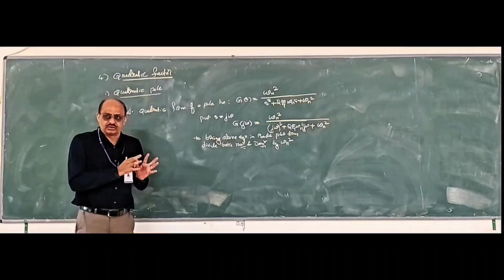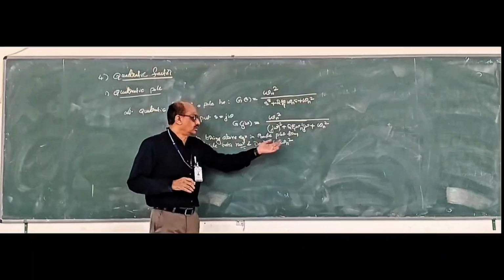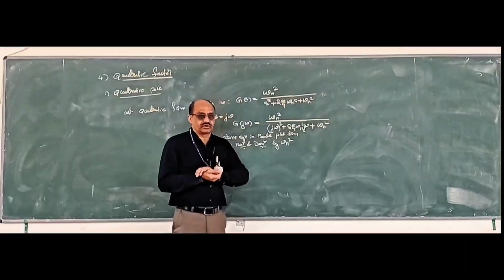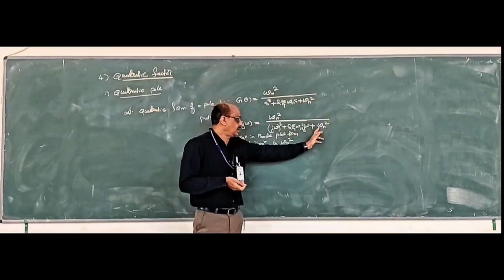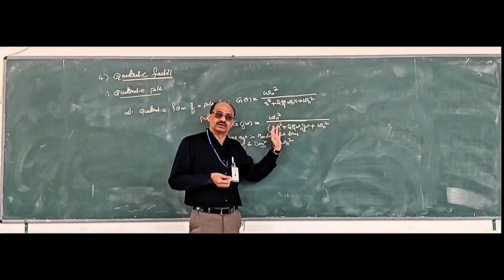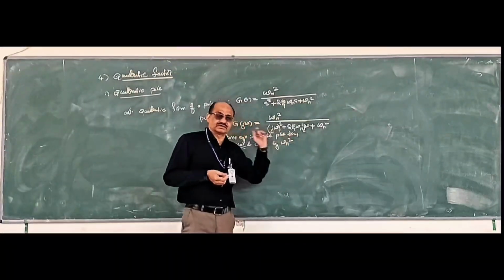This is the procedure you have to remember. So you know what omega n square is. So everything should be divided throughout by omega n square.